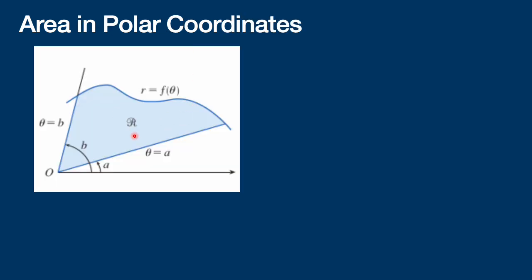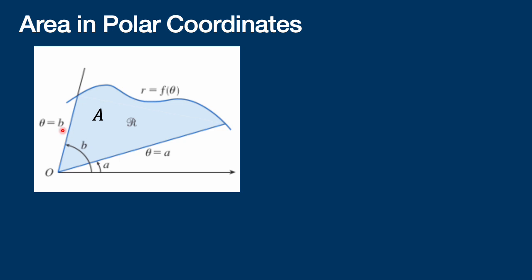We want to find the area of region R bounded by theta equals a, theta equals b, and r equals f of theta. So how are we going to find this area A? The idea is that theta is the independent variable.